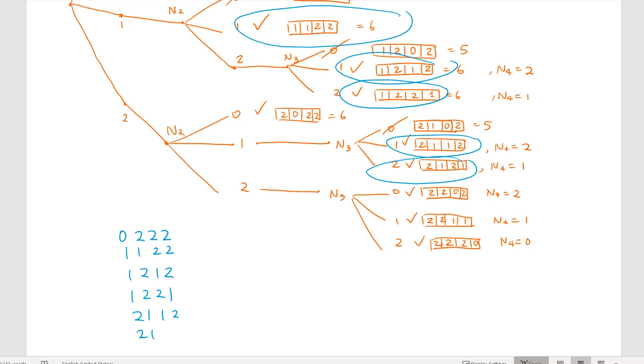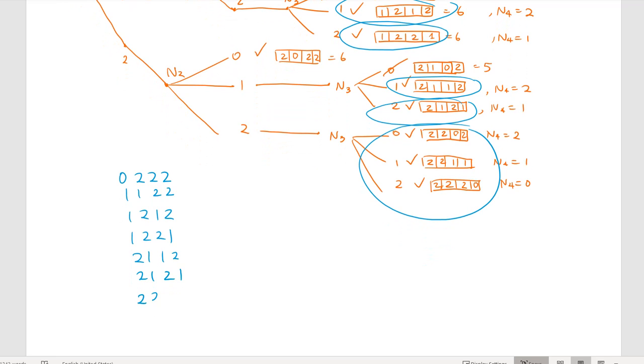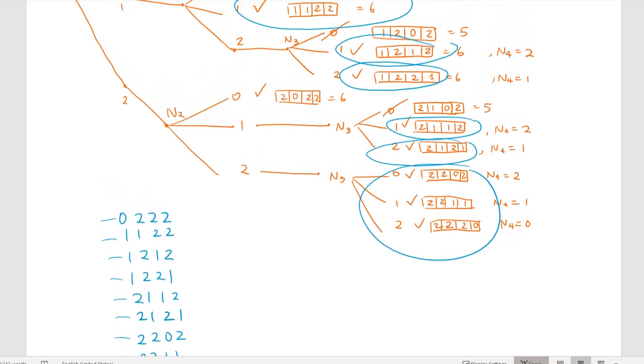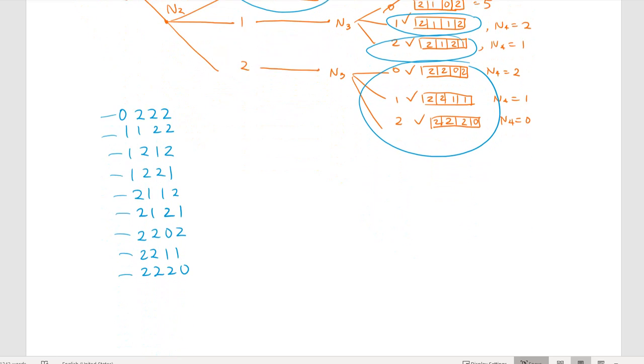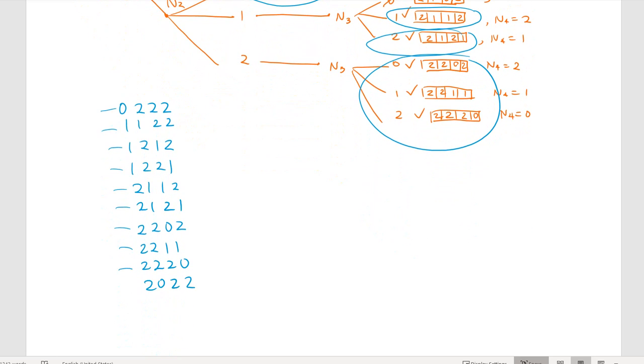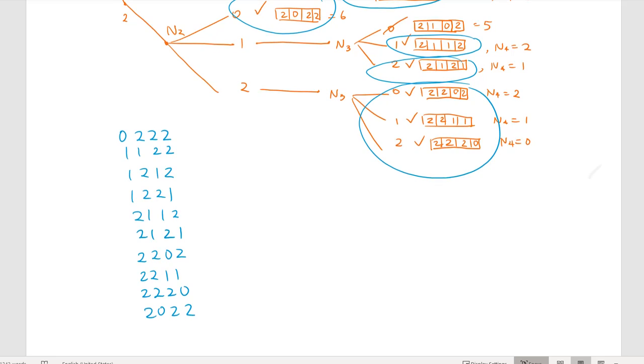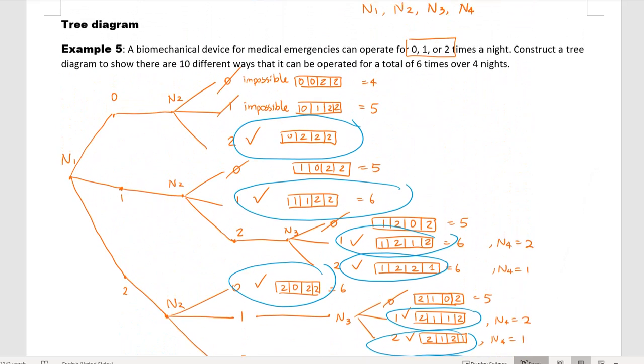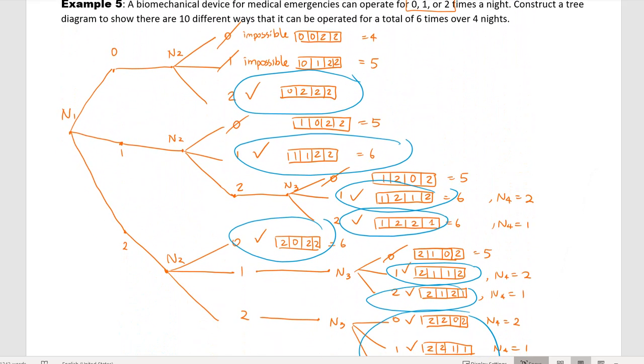Here, 2, 1, 2, 1. And all three of them, 2, 2, 0, 2, 2, 1, 1, 2, 2, 2, 0. How many of them? 1, 2, 3, 4, 5, 6, 7, 8, 9. Did we miss one? Oh, right here. 2, 0, 2, 2. So we have 10 ways. So that's 10 different ways that we have a total of 6 times over 4 nights.